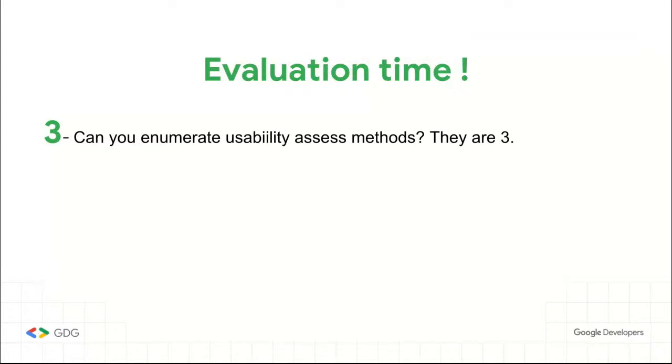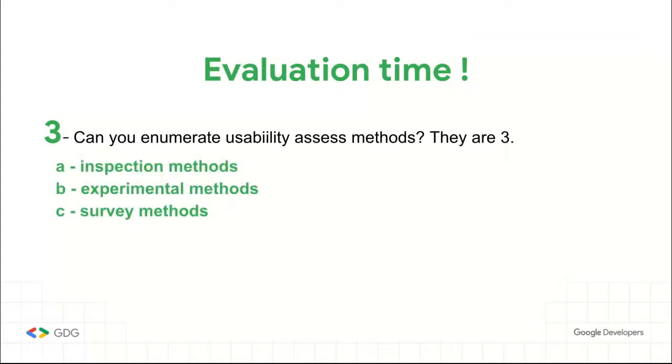Yes, survey method. There is a third one, inspection done by experts. The survey is done by the team, and experimental is done by users. Great. So the usability assess methods are 3. Inspection methods, which are done by experts.